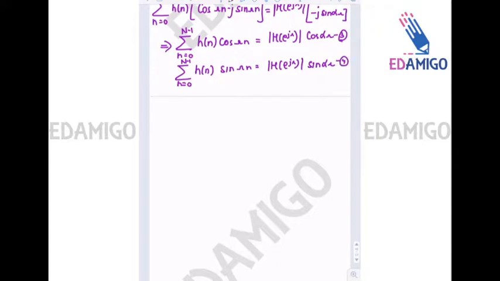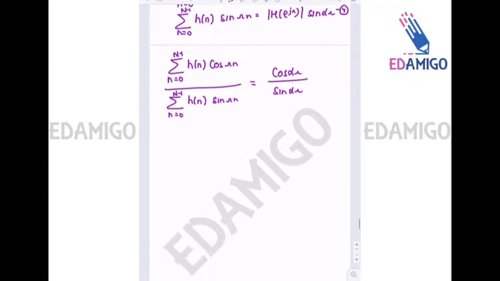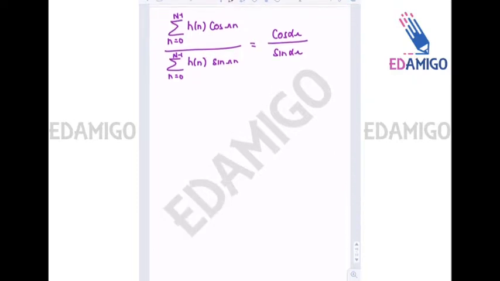Now taking the ratio of 3 and 4, we get cos of αω divided by sine of αω. Now by cross multiplying and taking the RHS to LHS, we will get this.